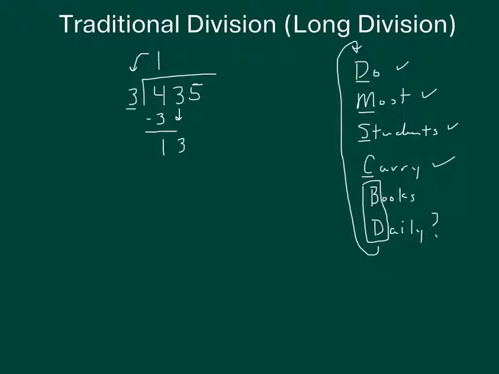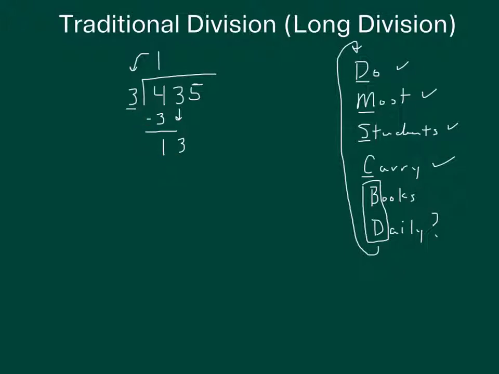Then I go back up to the top and start my dividing again. This time when I divide, I'm not looking at these numbers up here anymore. Now I'm looking down here, the 13. So I'm going to see how many groups of 3 I can get from 13. If I had 13 apples, how many piles of 3 could I make?